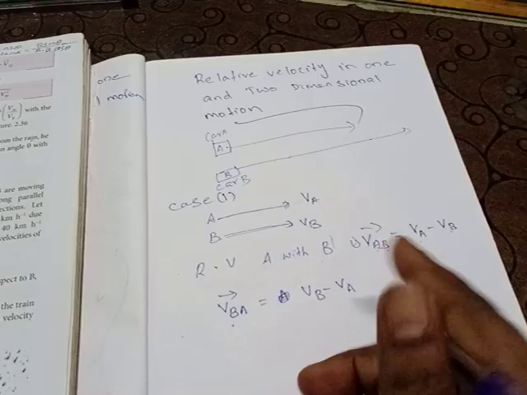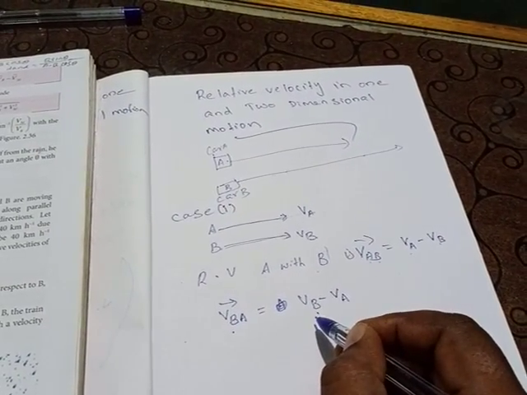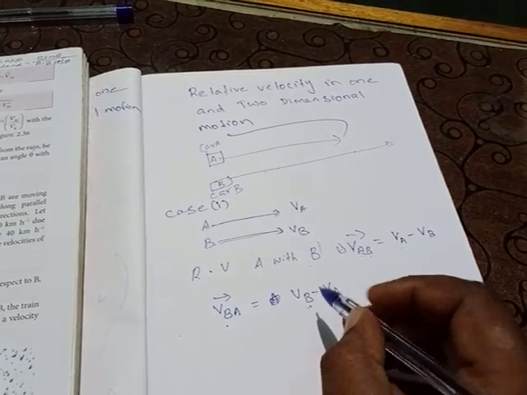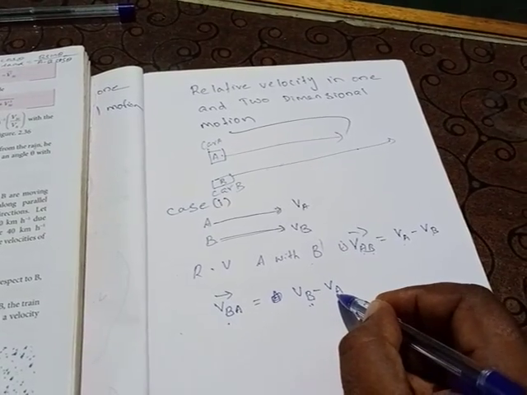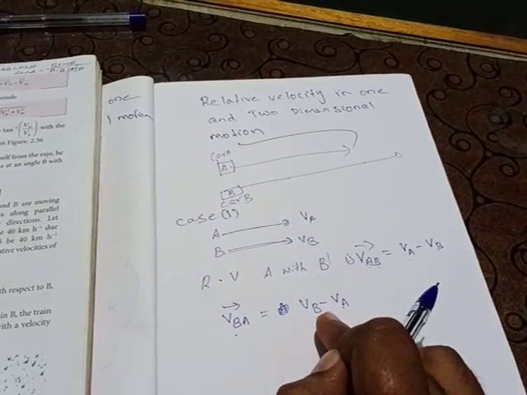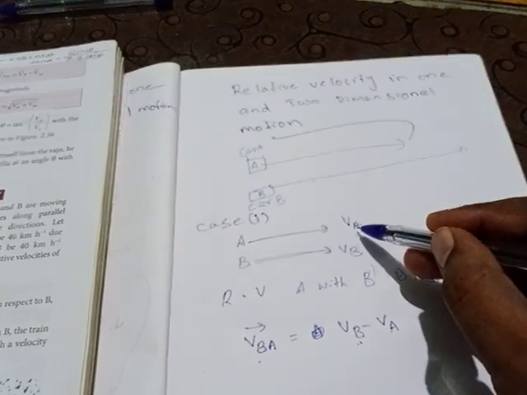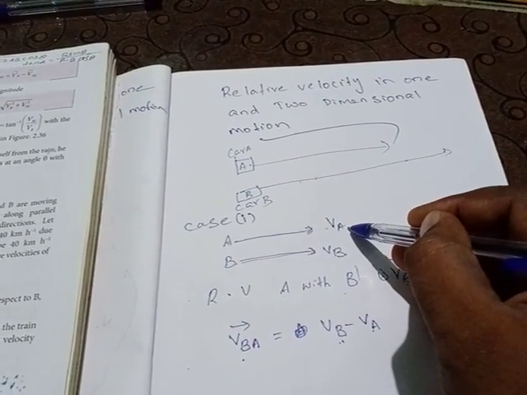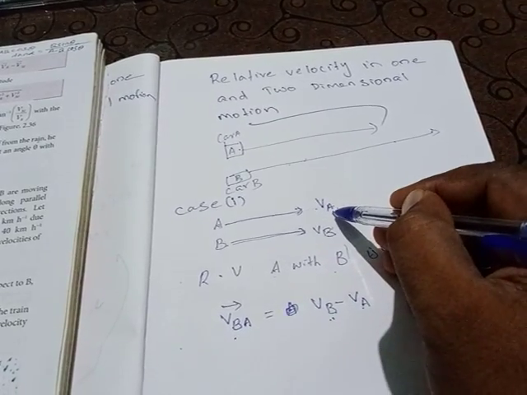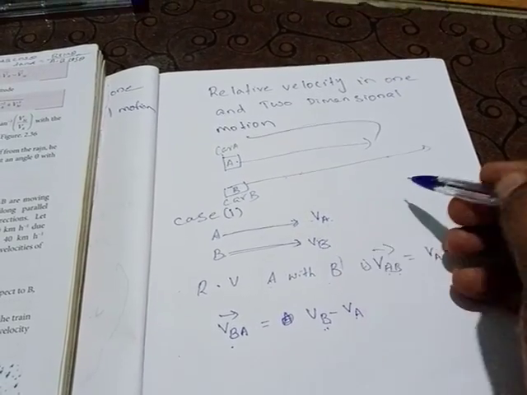Now let us conclude this. If two objects are moving in the same direction, then the magnitude of the velocity of one object with respect to another is equal to the difference in the magnitudes of the two velocities. The first case is two cars moving with velocities VA and VB on the same track, and we are comparing relative velocity with respect to the ground.